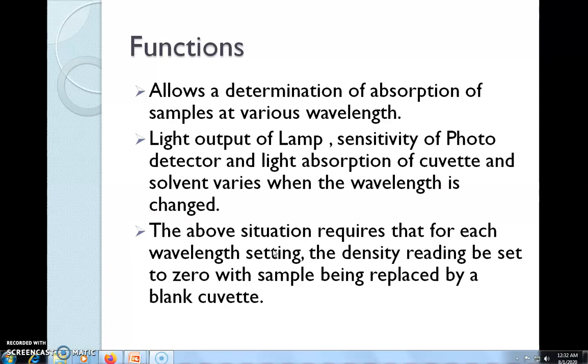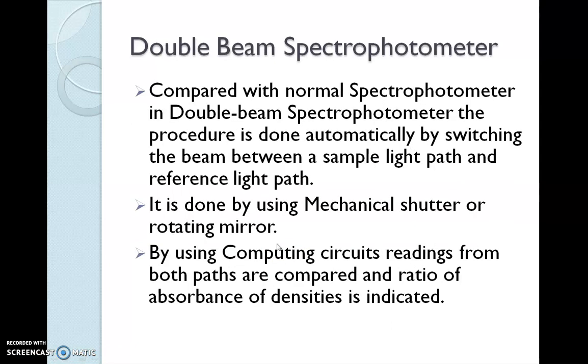This situation requires that for each wavelength setting, the density reading be set to 0 with the sample replaced by a blank cuvette, usually filled with the same solvent as used for the sample. This is the main demerit of this spectrophotometer. So later, it is replaced by the double beam spectrophotometer.